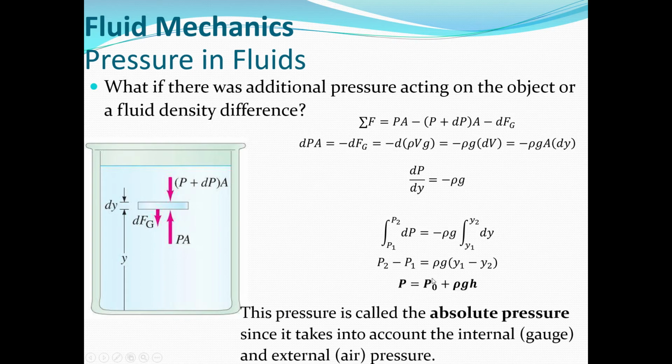So basically, absolute pressure is the gauge pressure plus some initial pressure, what we normally consider to be the atmospheric pressure. So this is what we would use for absolute pressure. The P0 is the external air pressure, and this rho g h is the internal gauge pressure.